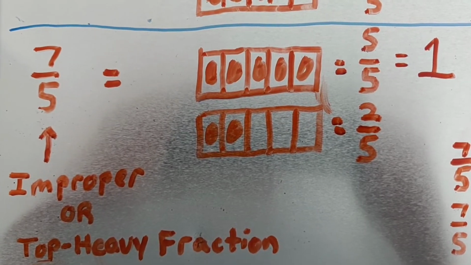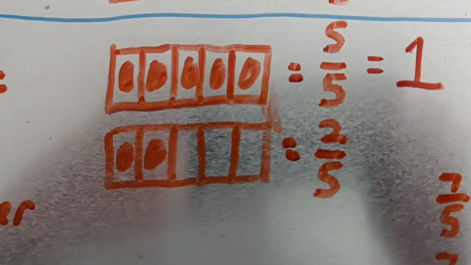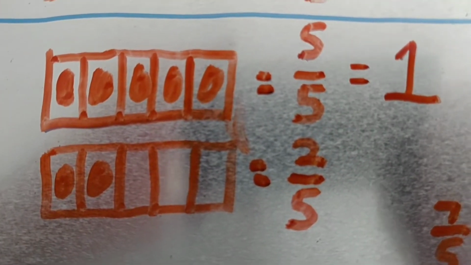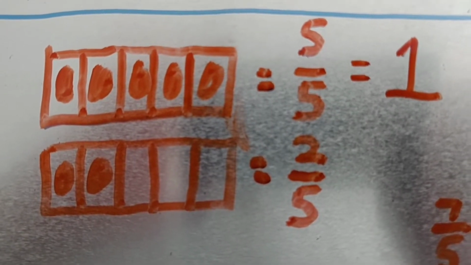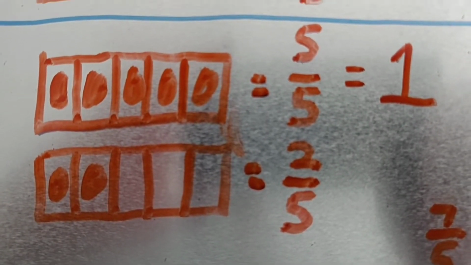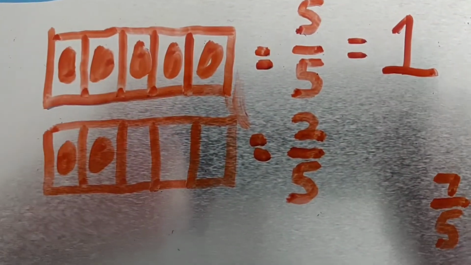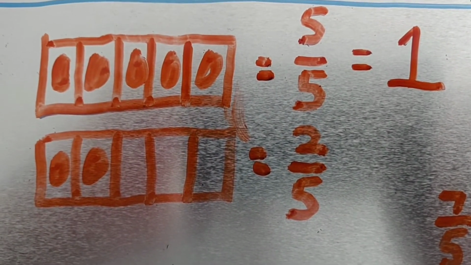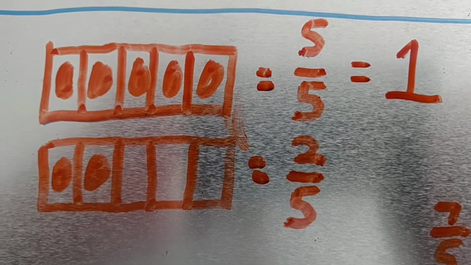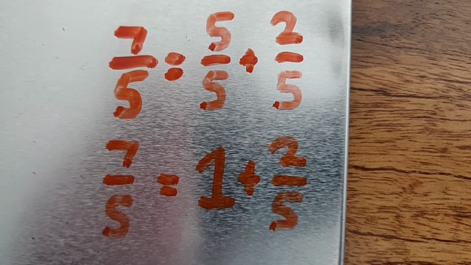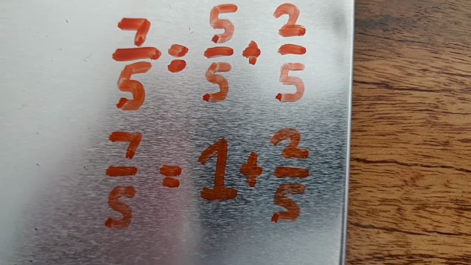But we could also say that 7/5 equals 1 plus 2/5, right? Because 5/5 and 1 are the same thing. So we could say that 7/5 equals 1 whole plus 2/5. As you can see on the bottom there, 7/5 equals 1 whole plus 2/5.